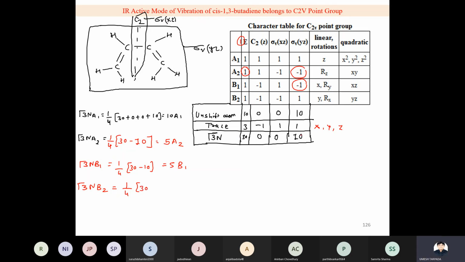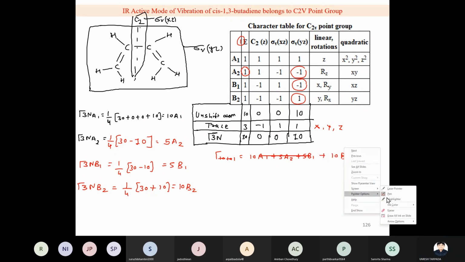The other two terms are 0. 10 into 1, that is 10. So 40 by 4, that is 10B2. So these are the total modes of vibration which you are getting: 10A1 plus 5A2 plus 5B1 plus 10B2. This is called the total mode of vibration.